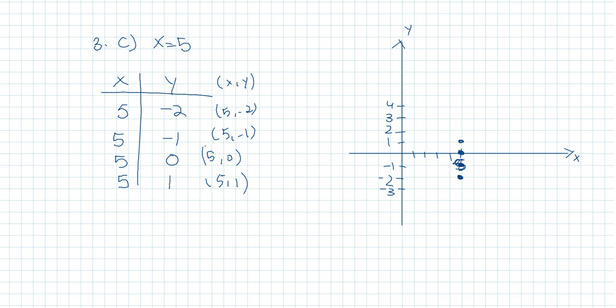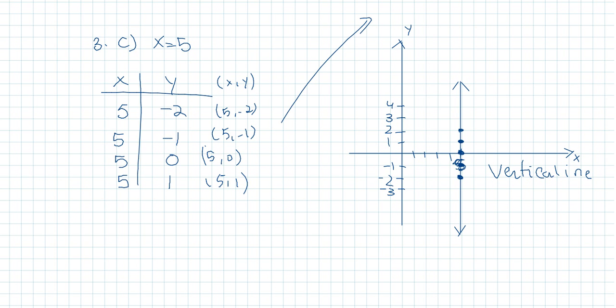(5, 2). So what kind of line is this? What kind of straight line? They're all straight lines. It's a vertical line. Guys, just so you know, a straight line is a line that's straight, there's no deviation.